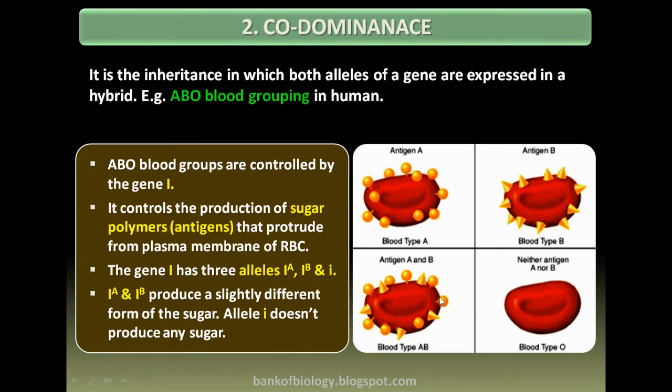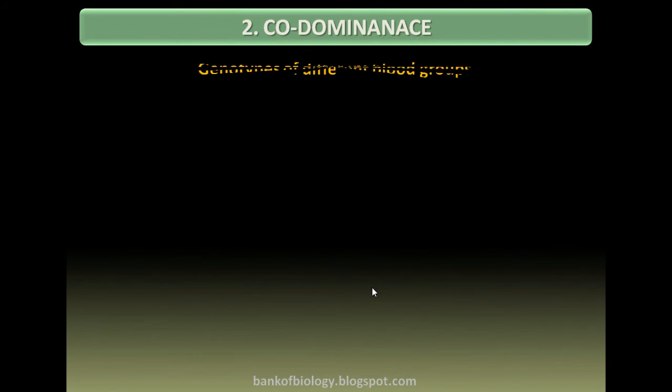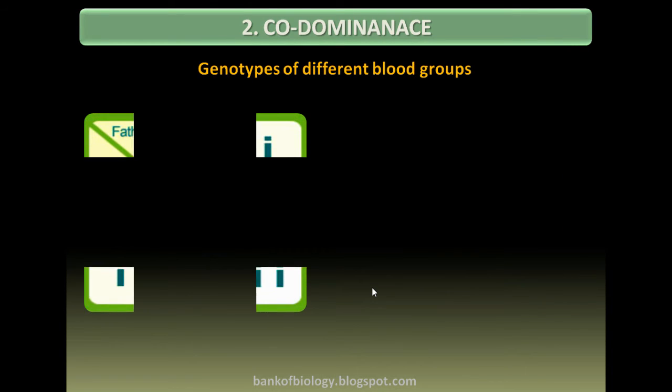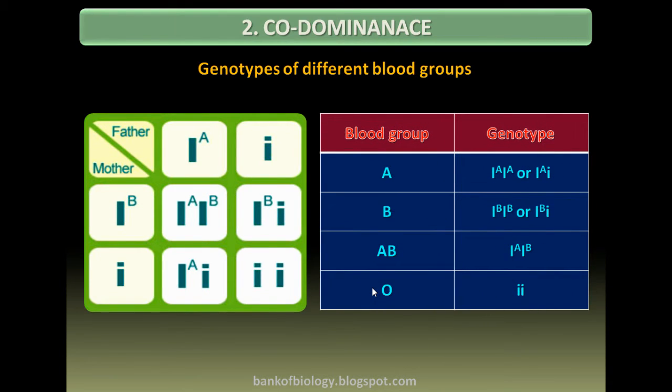In this case, we have both A and B, which means this blood group is AB. Here both types of antigens are found. So if both A and B are present, both are expressed in the blood group.